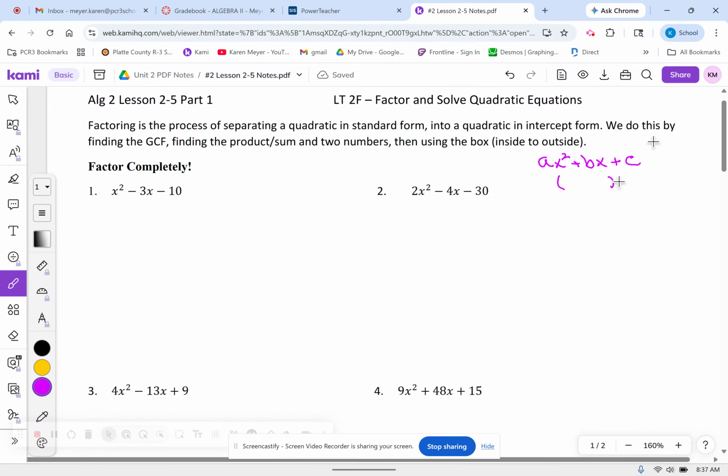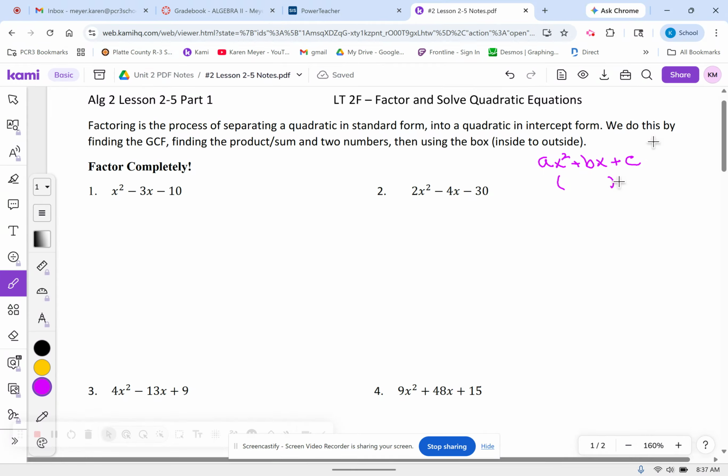Okay. So basically what we're trying to get you to realize, and once again, you don't have to write this down, is we are going to go backwards from multiplying. So in the past, we gave you a problem that looked like this: 2x plus 3 times x minus 4.